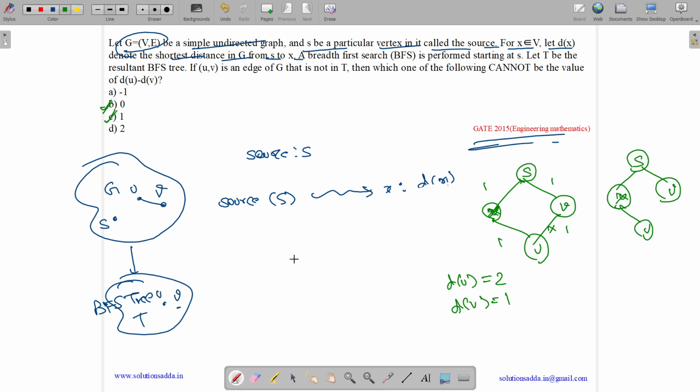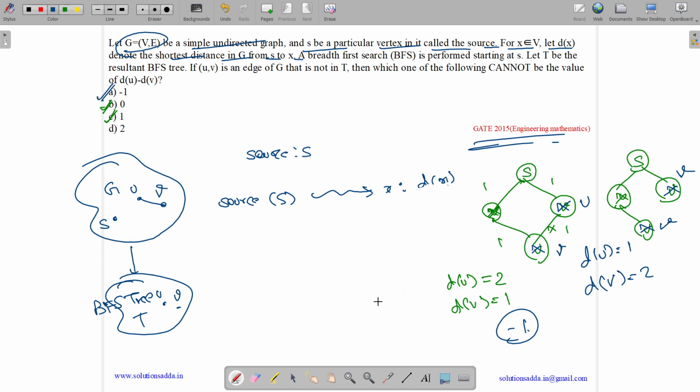And if we replace u and v, then the same case will occur. Here we will have v, and here u. Okay, then du minus dv is minus 1, because in this case du is 1 and dv is 2, so du minus dv is minus 1. So 1 and minus 1 are possible.